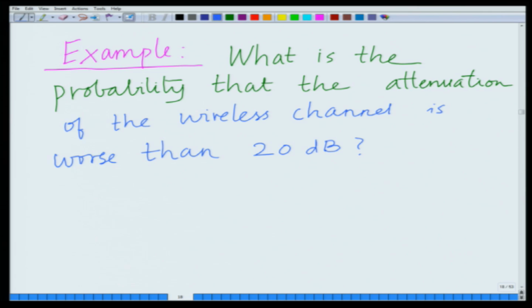That is, given this fading wireless channel in which the power is distributed as an exponential random variable, what is the probability that the attenuation of this fading wireless channel is worse than 20 dB?